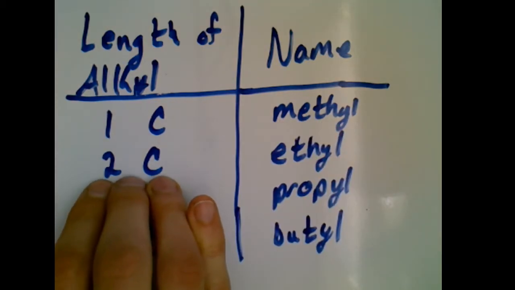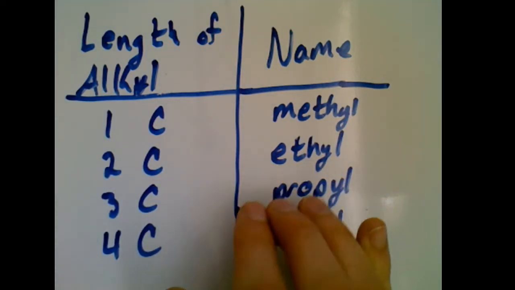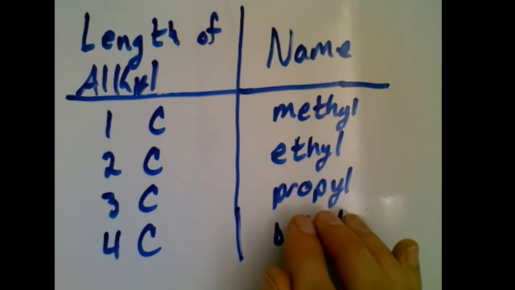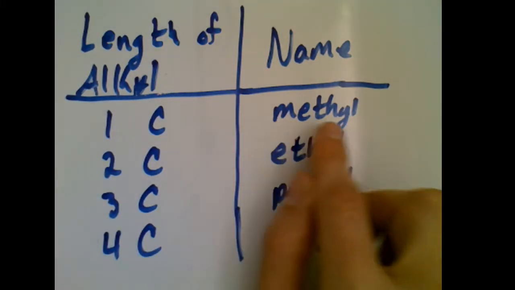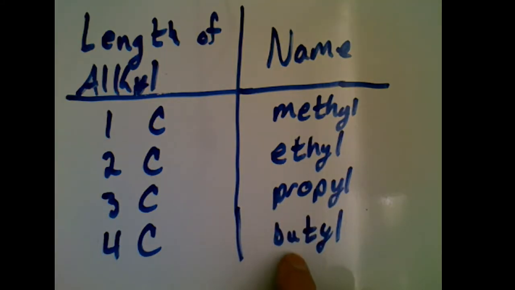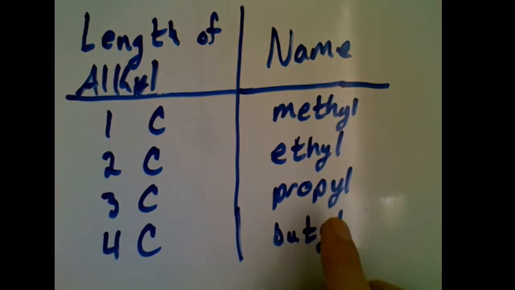If the branch was 2 carbons long, we would add the prefix ethyl. 3 carbons, propyl. 4 carbons, butyl. So you can see we're using the same prefixes as when it came to alkanes. To show that it's an alkyl group, we add the YL to the end of that little prefix to show that it's a branch coming off.